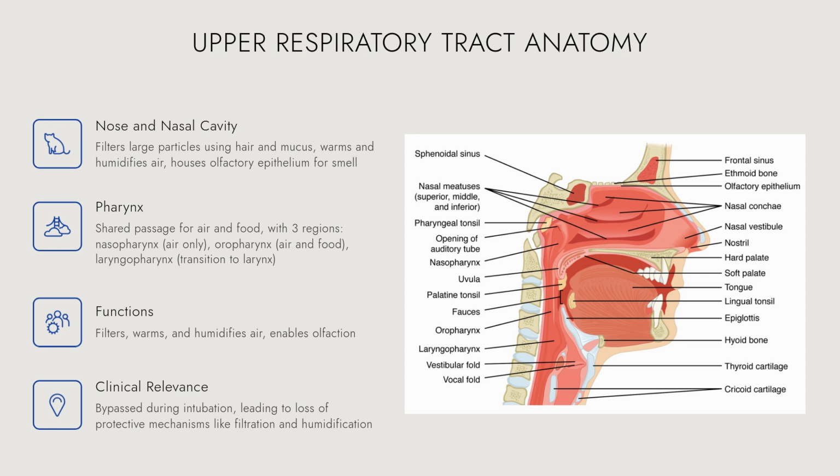The pharynx, a shared passage for air and food, has three regions: the nasopharynx, oropharynx, and laryngopharynx. Olfaction occurs in the nasal cavity, though it's not a focus in critical care. During intubation, the upper airway is bypassed, meaning its protective functions are lost, increasing risks like infection or dryness, key considerations in ventilated patients.